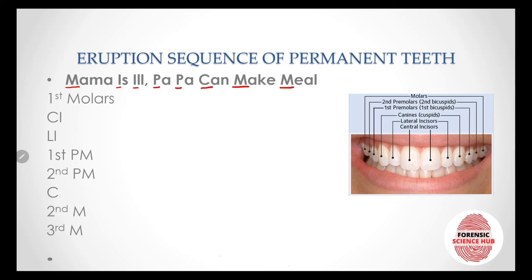This is the eruption sequence of permanent teeth. First, the first molars come, then the incisors, central incisors, and then lateral incisors come. Then the premolars come, first premolar, second premolar, then the canine, then the molar and molar. This is the eruption sequence of teeth.